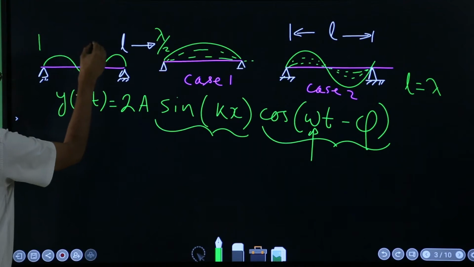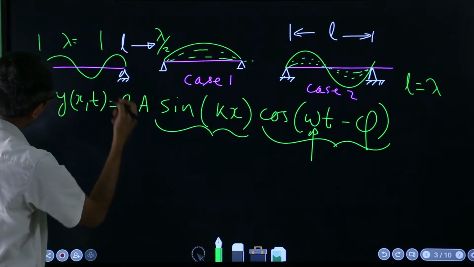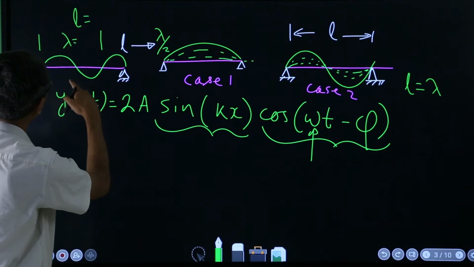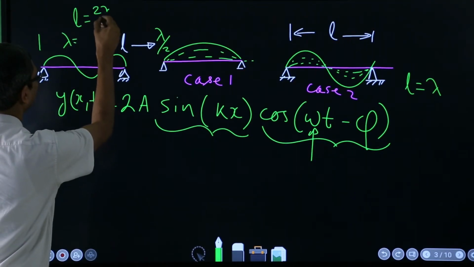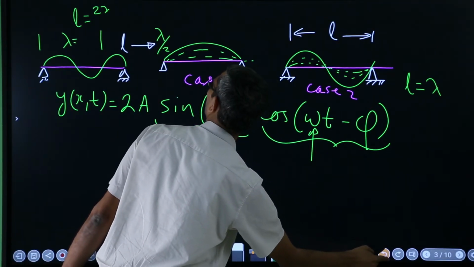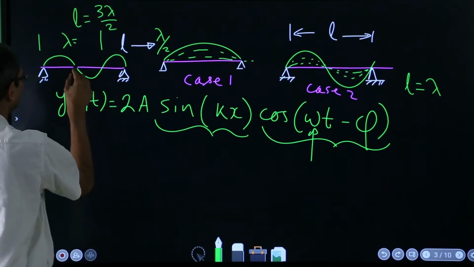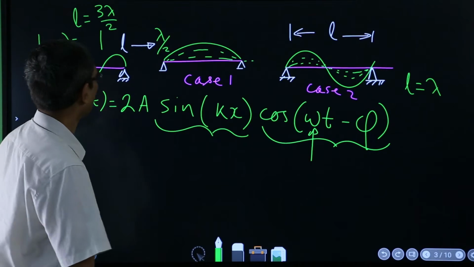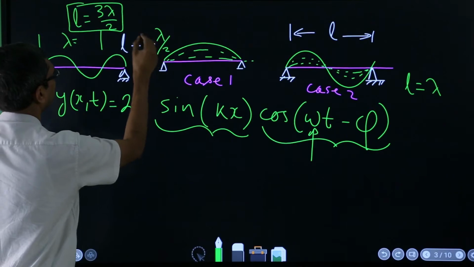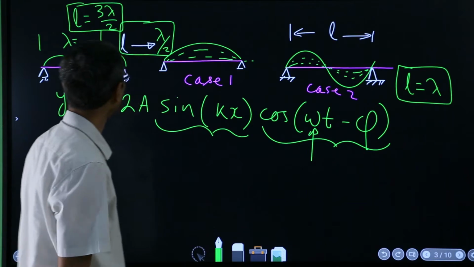So L is now 3 lambda by 2, because this part is lambda over 2, so 3 of them. Let's say this is 1, this is 1, and this is 1, right?